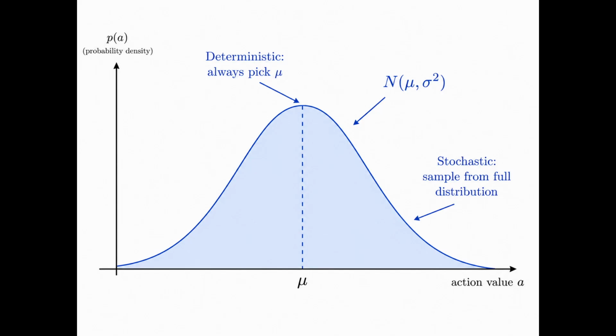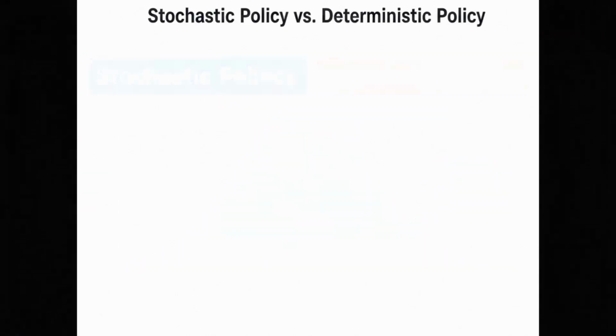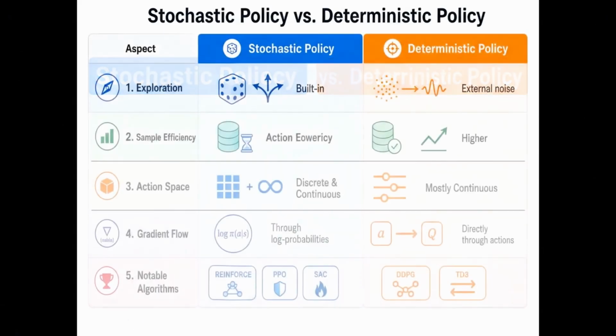Where stochastic policies shine: games with imperfect information like poker, multi-agent settings, environments with aliased observations, where two different states look the same to the agent. The training signal flows through the log probabilities as we derived. The policy samples actions, and the gradient update increases the probability of good actions and decreases the probability of bad ones.